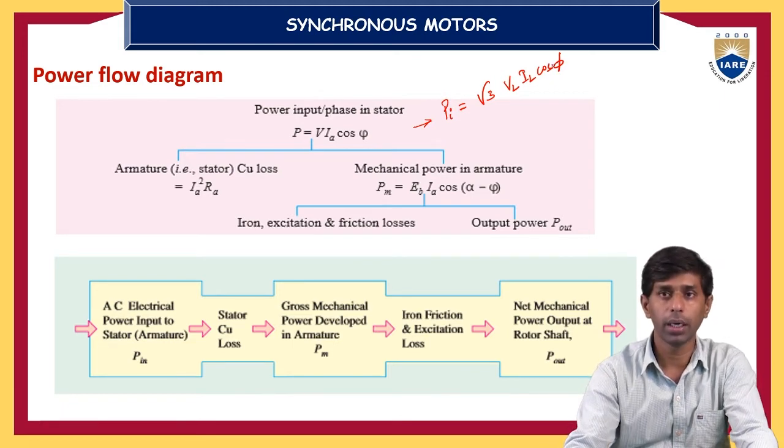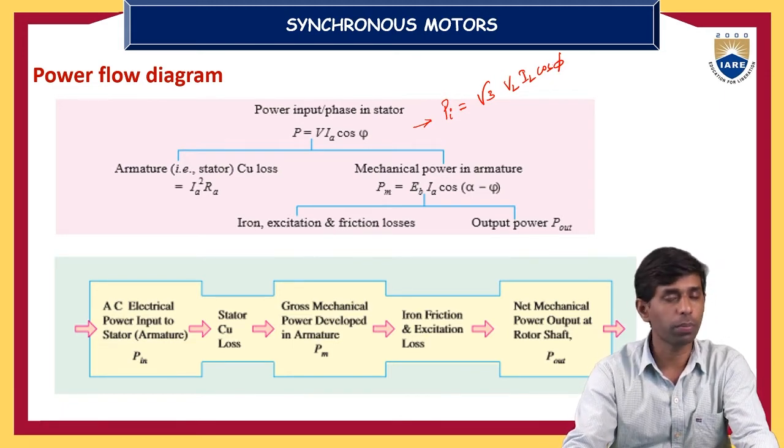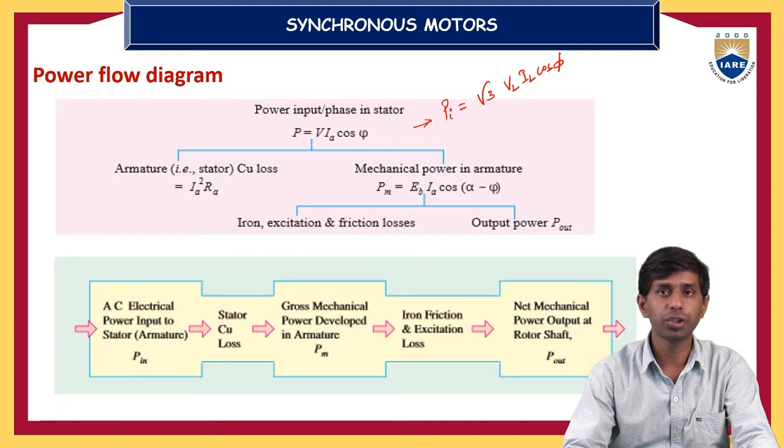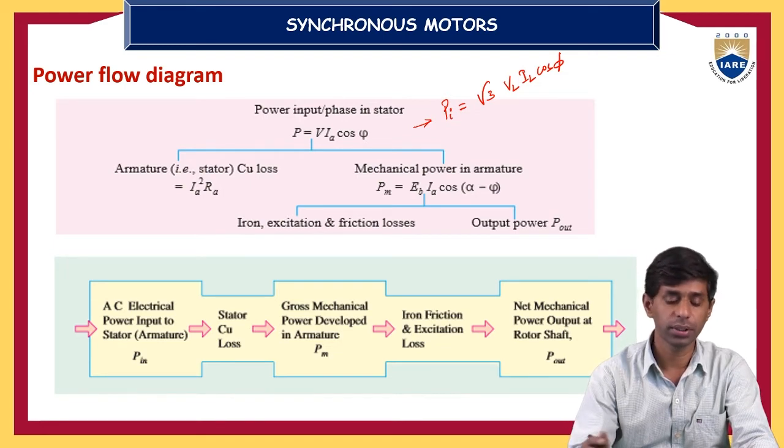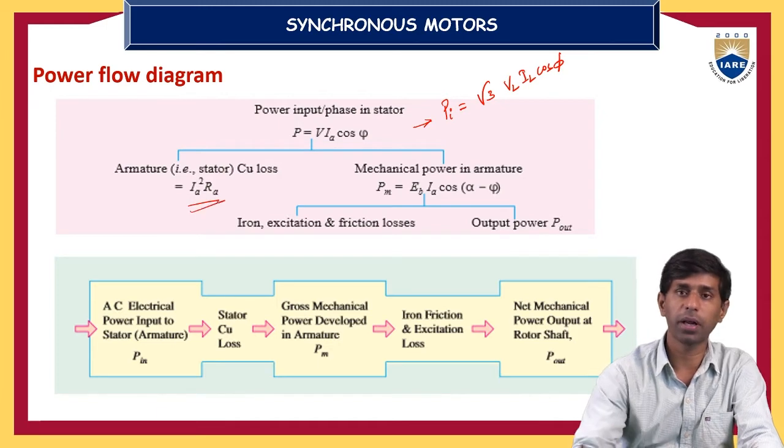Out of this power input, the total power supplied to the synchronous motor, a part goes to losses. When the rated input power, root 3 times V_L I_L cos phi, is connected to the stator, we have losses due to the armature winding, called the stator copper losses, which is Ia squared Ra per phase.